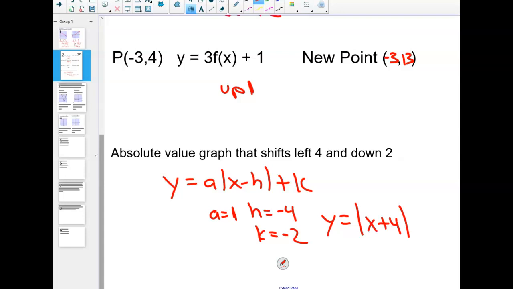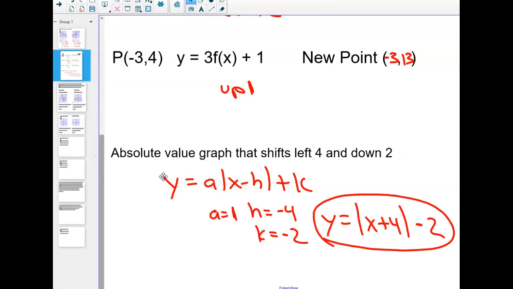That's why when we shift left, we put a plus sign because the negative 4 makes the absolute value 0. When we shift right, we put a minus sign because a positive number makes the absolute value equal to 0. Okay? And then we keep the sign of up or down. That's literally your answer right there. y equals the absolute value of x plus 4 minus 2.